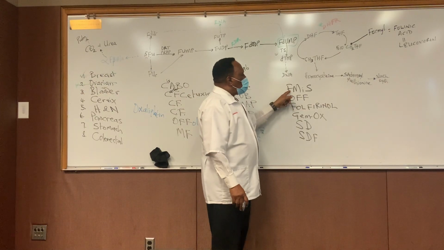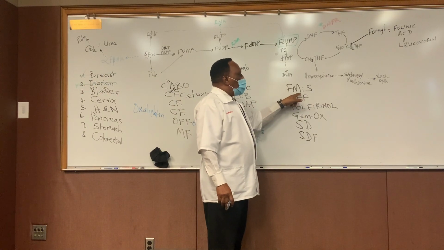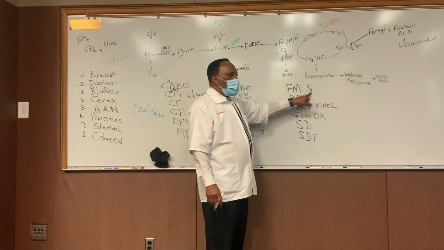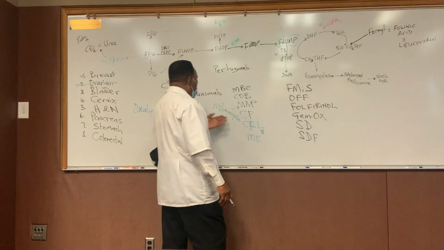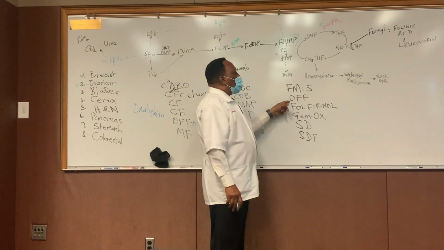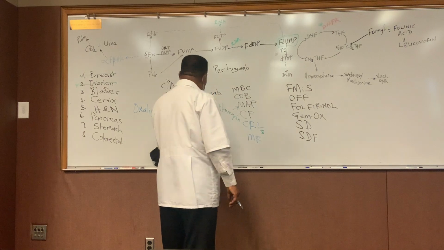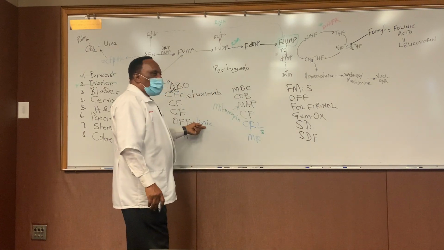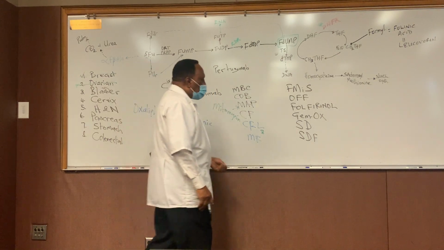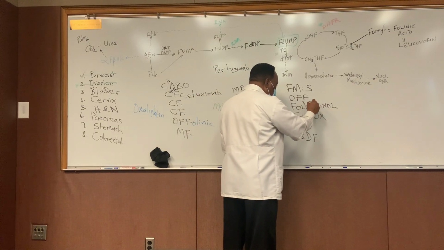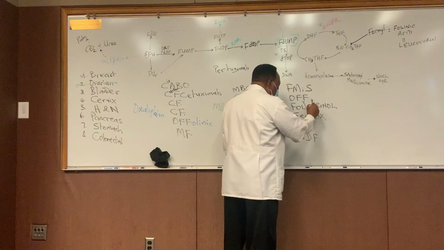Fluorouracil, mitomycin, okay, and streptozotocin. Okay, and then off, we've already mentioned there, oxaliplatin with your 5-FU, and then with the rescue agent, folinic acid. For Ferinox, you break it like that.